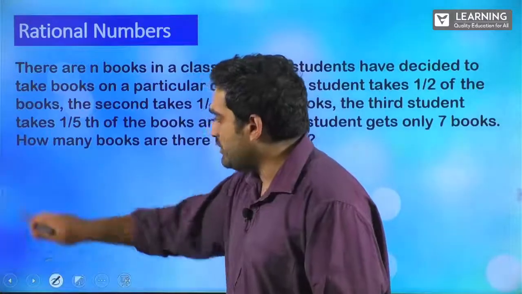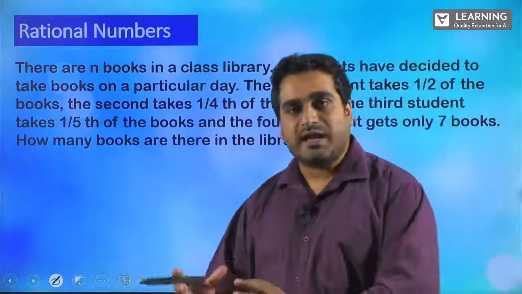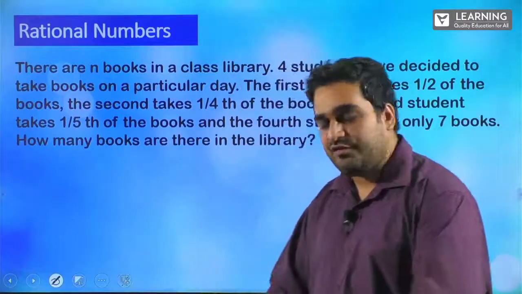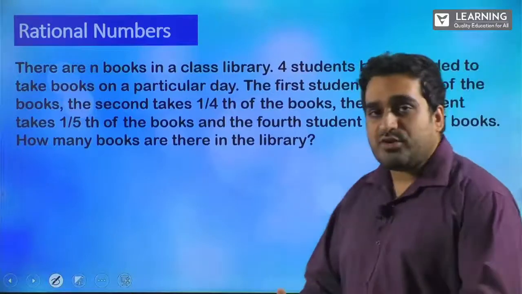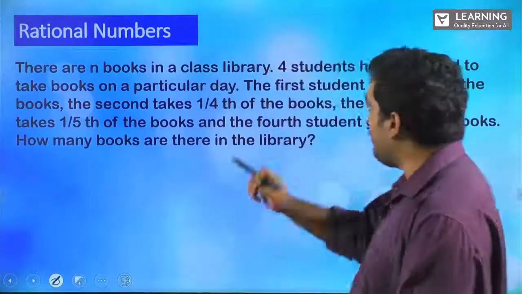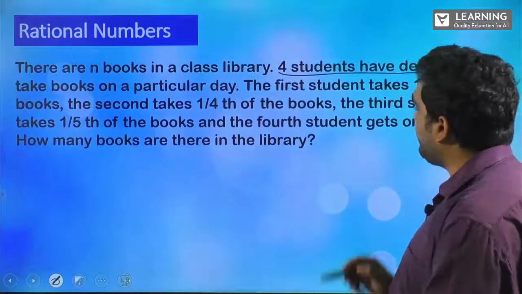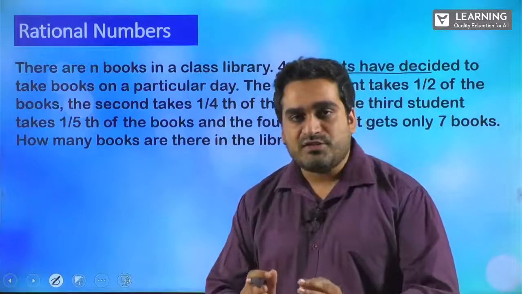Pretty easy question. All you need to do is understand what the question actually means. So what you need to find is the number of books. How many students have taken the books? 4 students. And where does it specify? Here. There are 4 students who have taken the books. How much did the first student take?